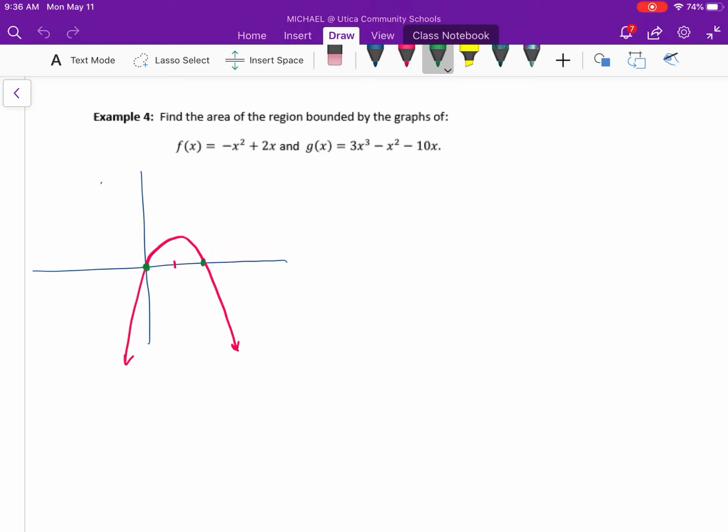I'm going to graph them both on the same graph so I can see where they intersect. Sorry that you guys can't see this. I'm going to redraw this. All right, so first graph.